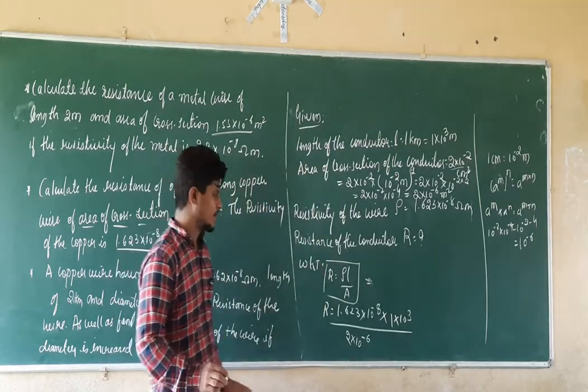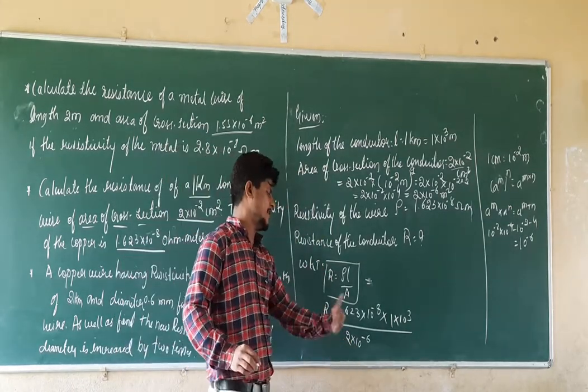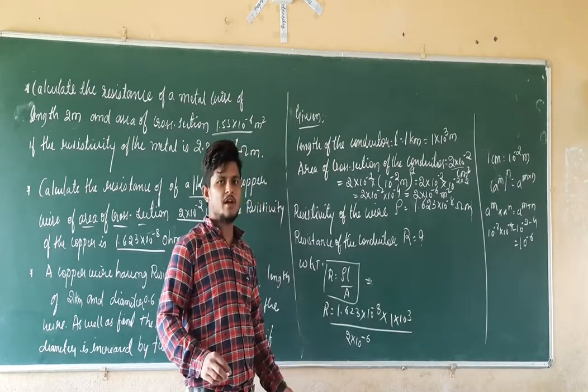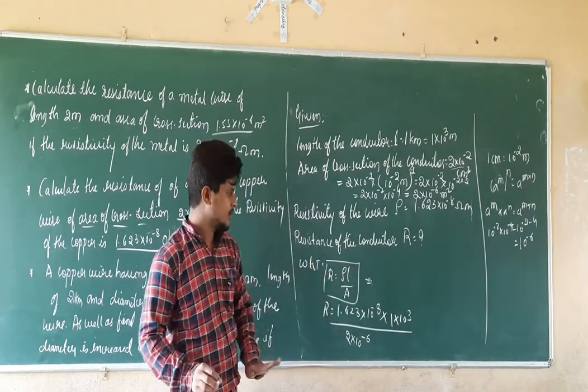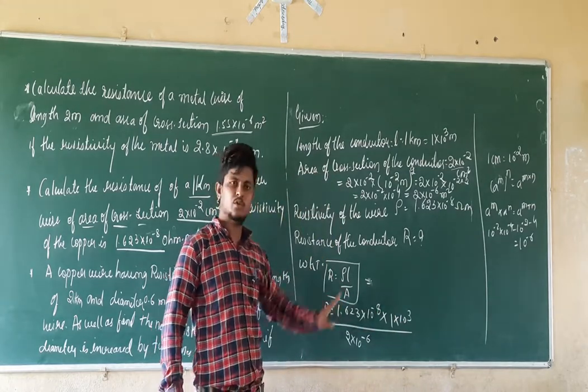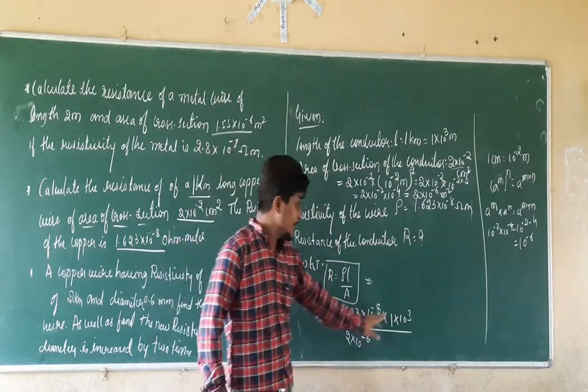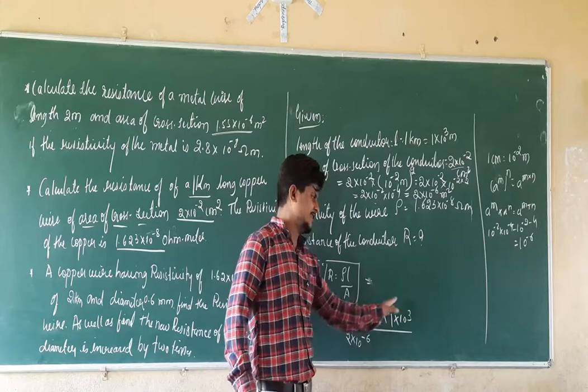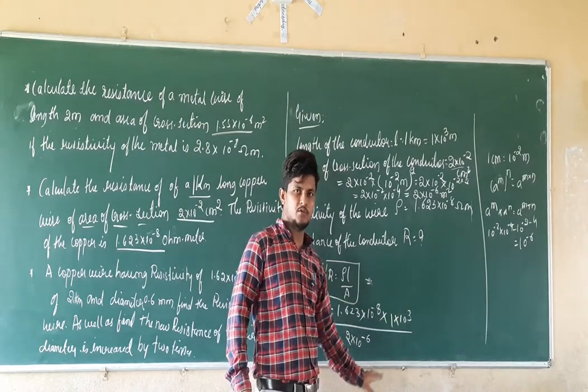Again the formula is going to come as a raised to m divided by a raised to n. Before that, I am going to multiply this 10 raised to 3 into 1.623. Since it is a positive value, it will be 1000 only.